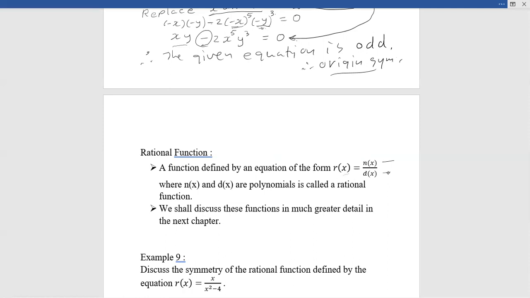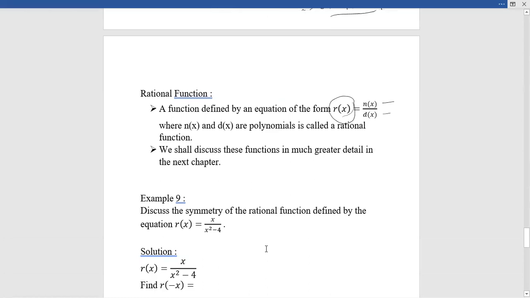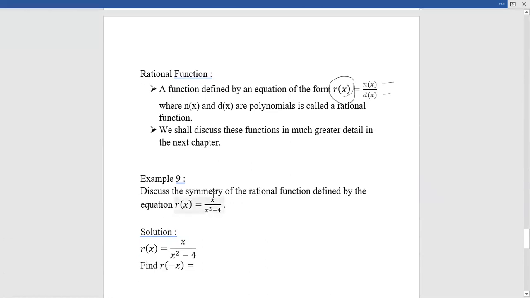Then this R(x) is called a rational function. We're going to discuss rational functions in more detail under section 2. For the time being, we're just going to discuss the symmetry.